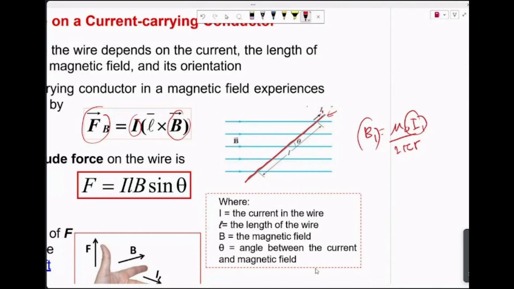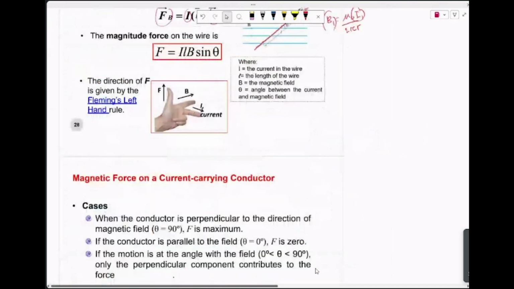But here, this is not B1. This is the B outside, external. External can come from many kinds of sources, but it's an external source. It's not from itself. So remember that, we're going to make use of that.